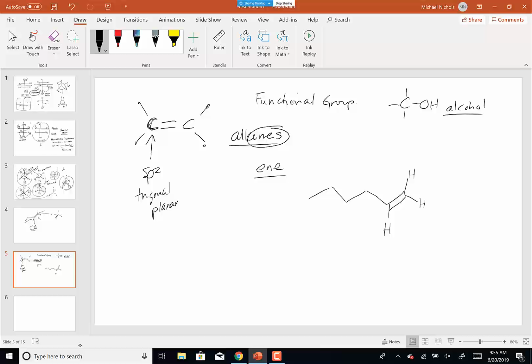So we still have, number 1, the longest carbon chain, but I'm going to add an addendum to that saying that includes the carbon-carbon double bond.